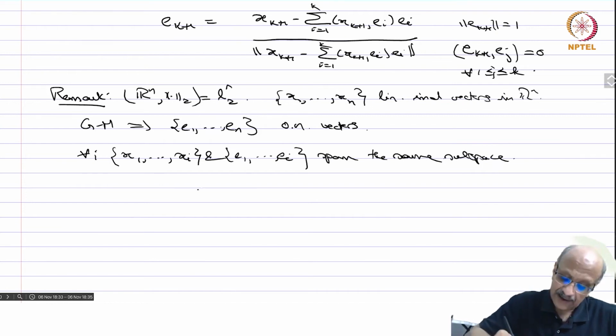So let us write xj as the sum from i equals 1 to j of Rij Ei.